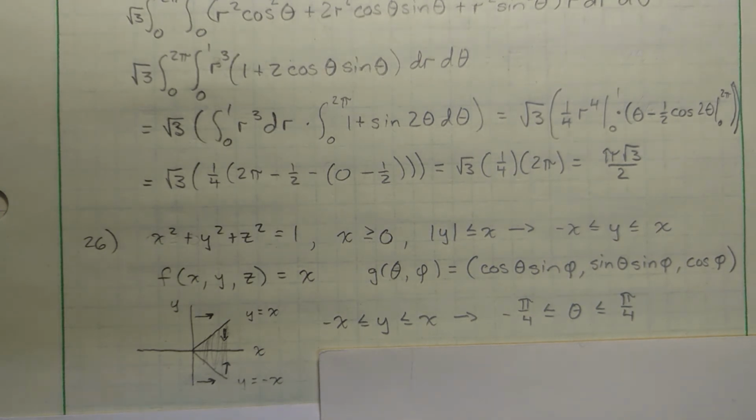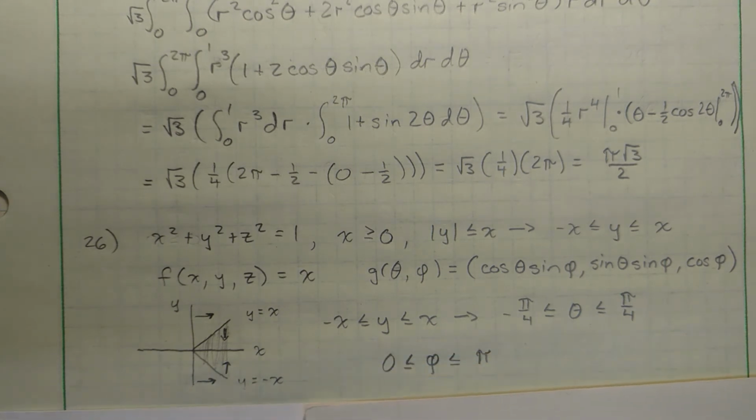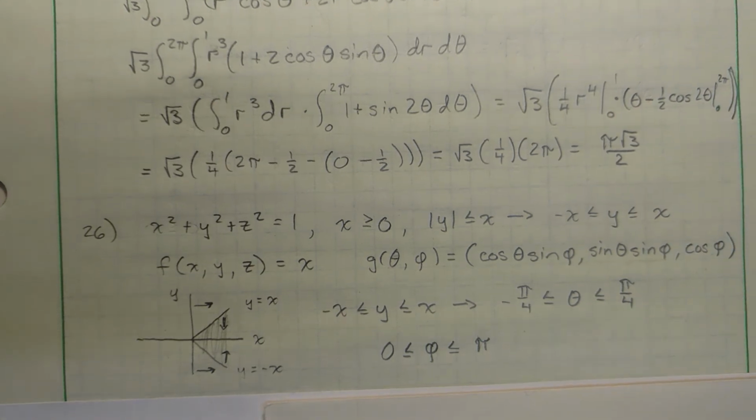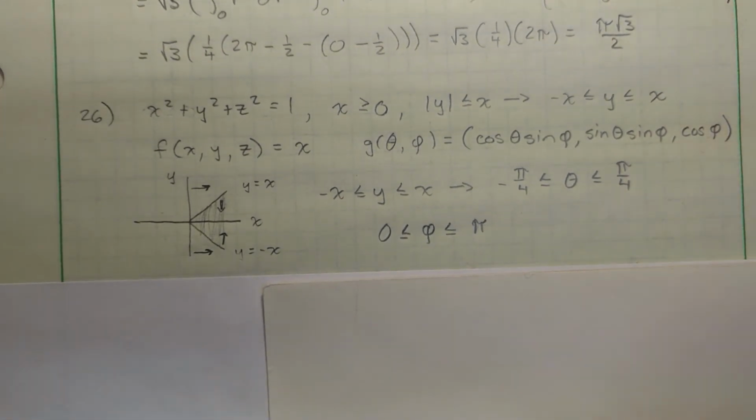My z, on the other hand, as z comes up this way, I'm still going to be talking about the movement going from 0 all the way down and around, because it's that entire half loop there of the sphere. So my phi angle is still going to go from 0 to pi.